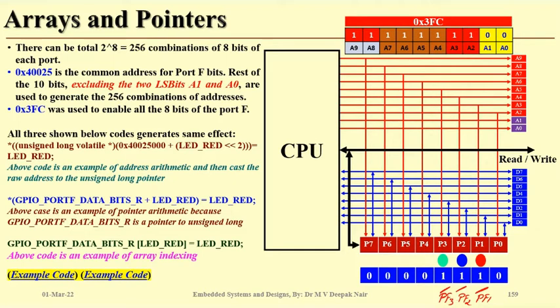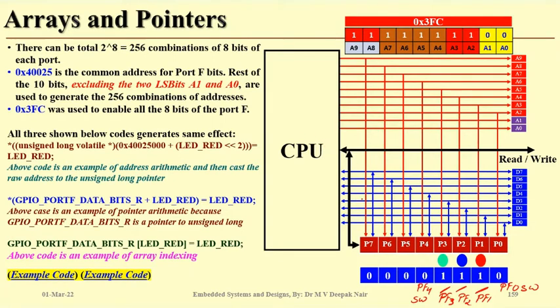I hope you remember these three bit positions, and PF0 and PF4 are switches. These are the two user switches. Right now we are interested in the LEDs because we are just going to make them high or low. So just note this: PF1 is red, PF2 is blue, PF3 is green.